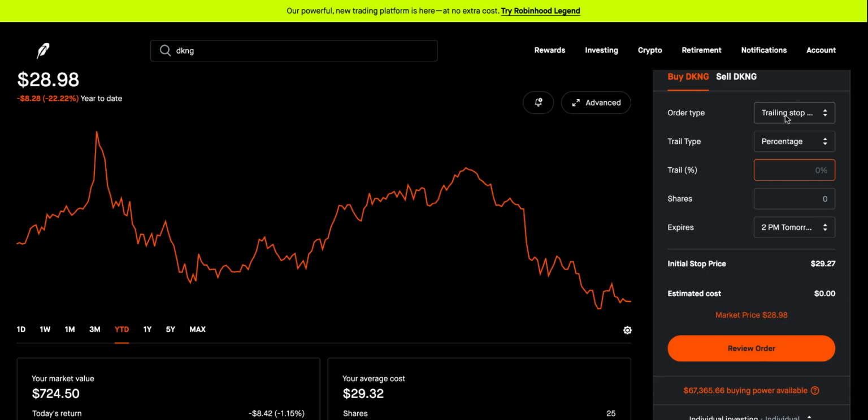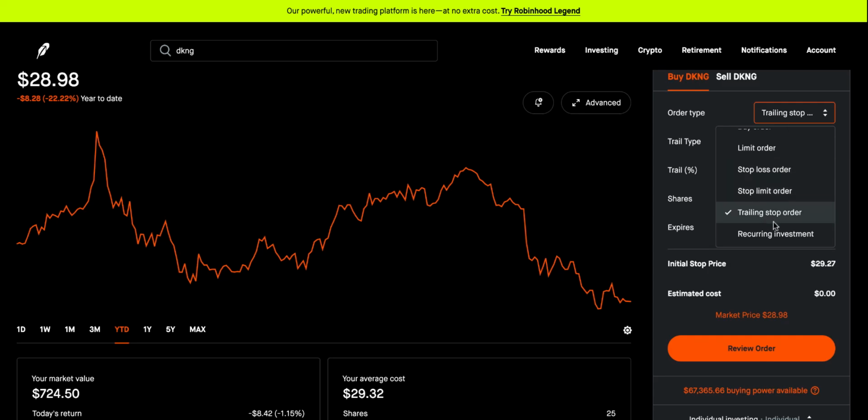So for me, this is the best thing. I love using this, especially if you're a super busy person and you don't have time to lock in profits or look at stuff, or, oh shoot, let me check my phone real quick. Buy your shares, set your trailing stop loss. And if it goes in the opposite direction, you'll lose a little bit. And if it keeps climbing, you'll just keep making money.